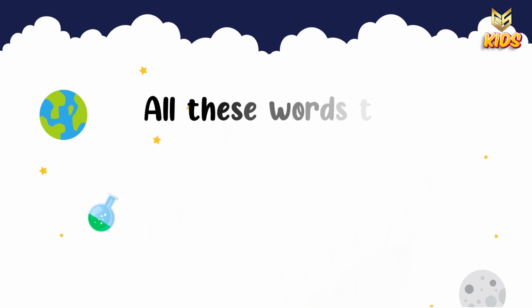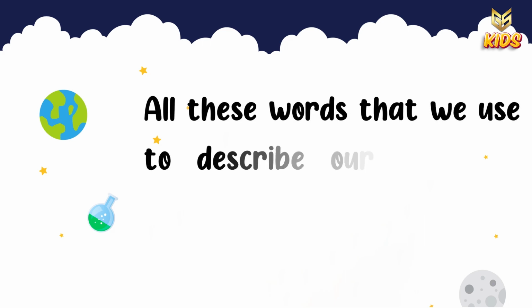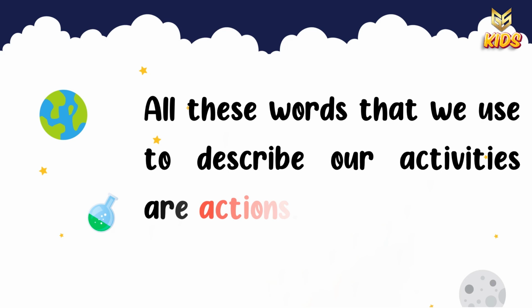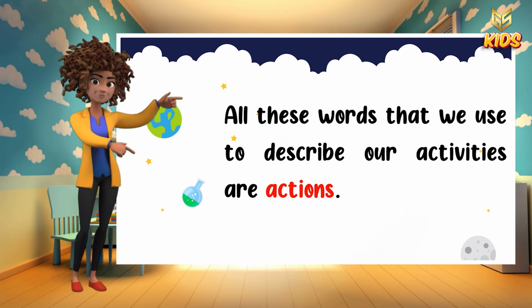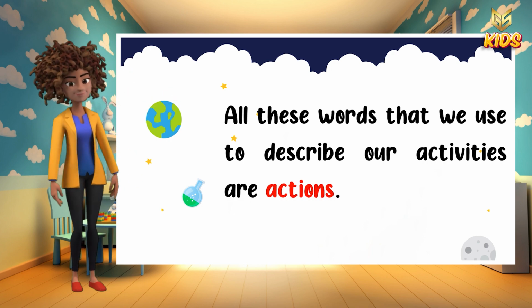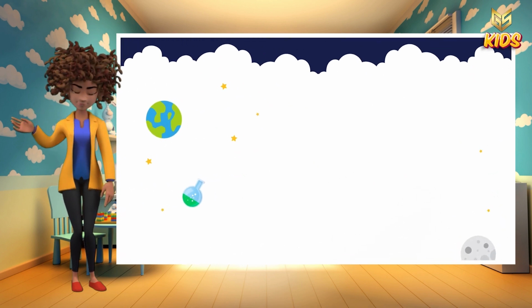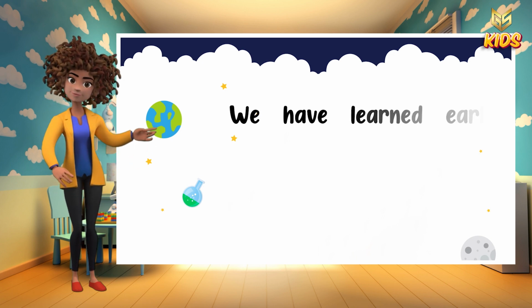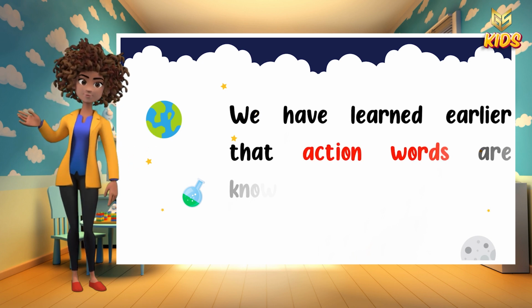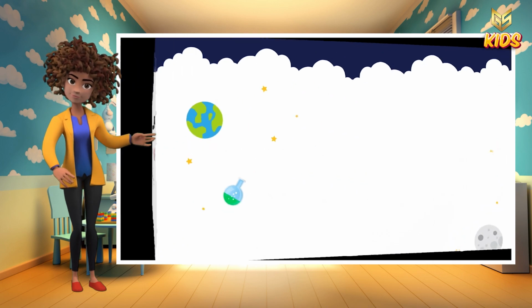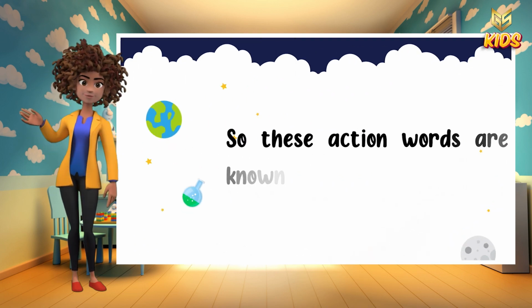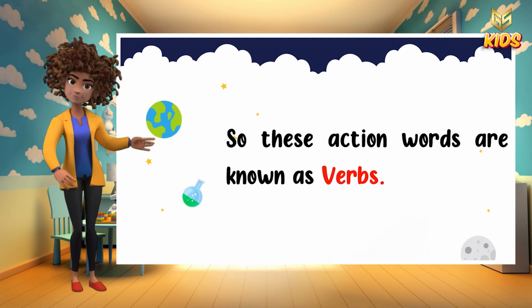And all these words that we use to describe our activities are actions, right? As we do many activities, those activities are known as actions, okay? And as we have learned earlier that action words are known as verbs, so these action words are known as verbs, okay children?